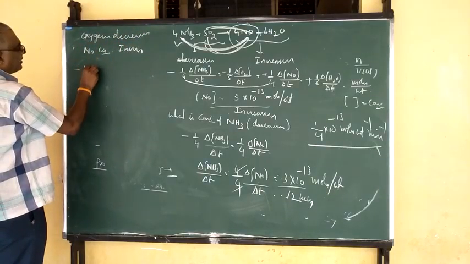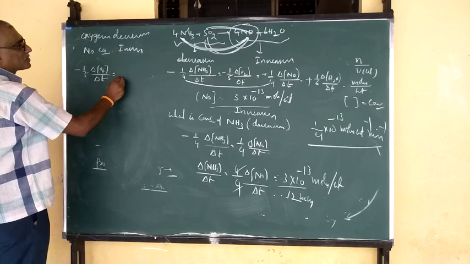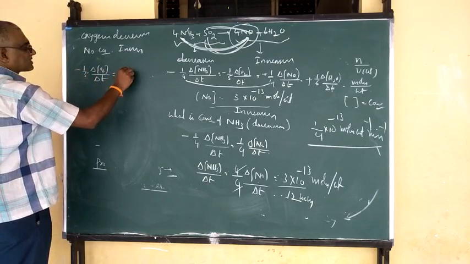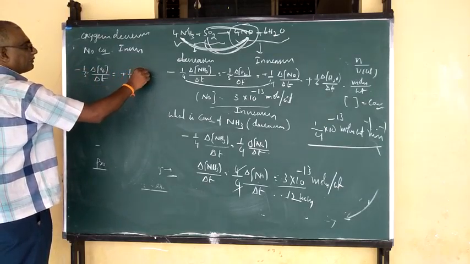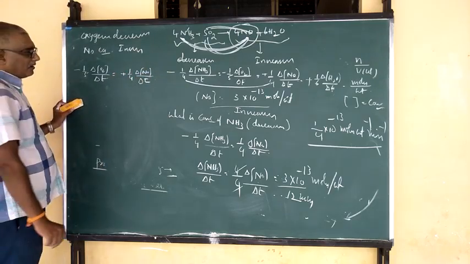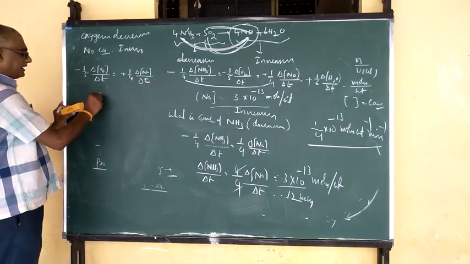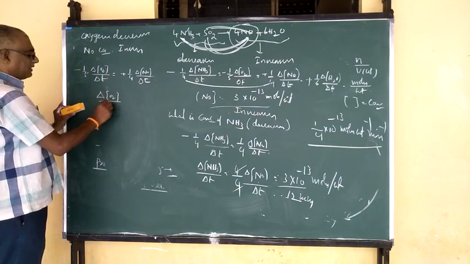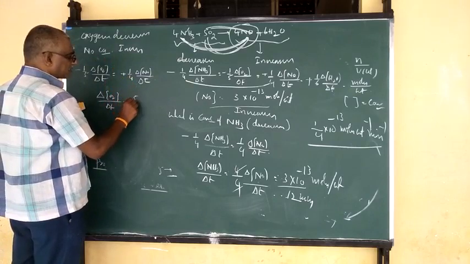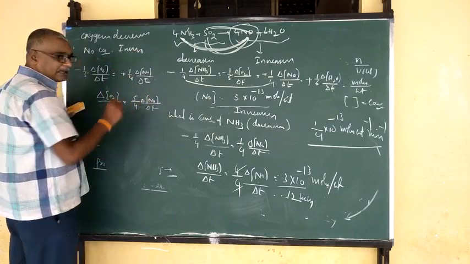Minus 1 by 5 delta of concentration of O2 divided by delta T is equal to 1 by 4 delta of NO divided by delta T. But the NO value is given, I want delta of oxygen. Therefore delta of oxygen divided by delta T is equal to, if 5 goes to this side, 5 by 4 of delta of NO divided by delta T.